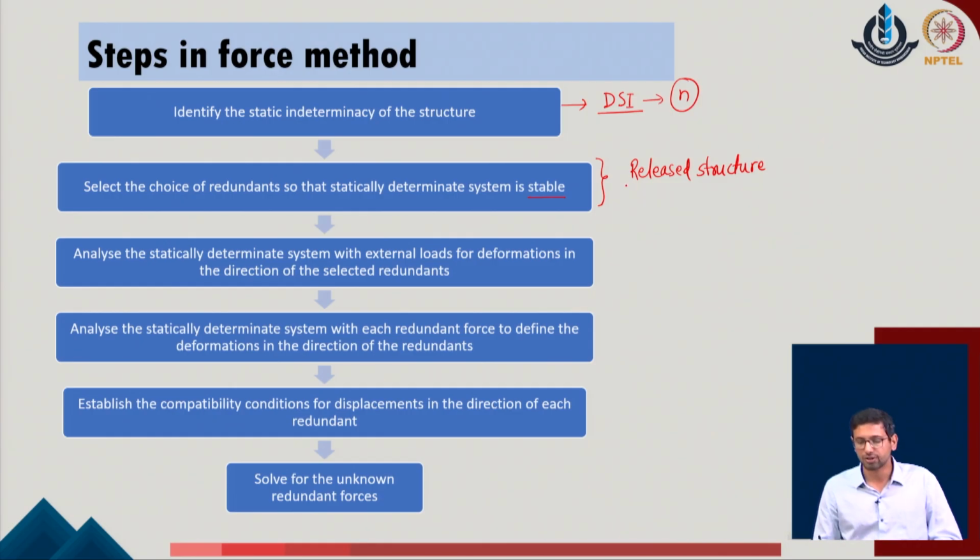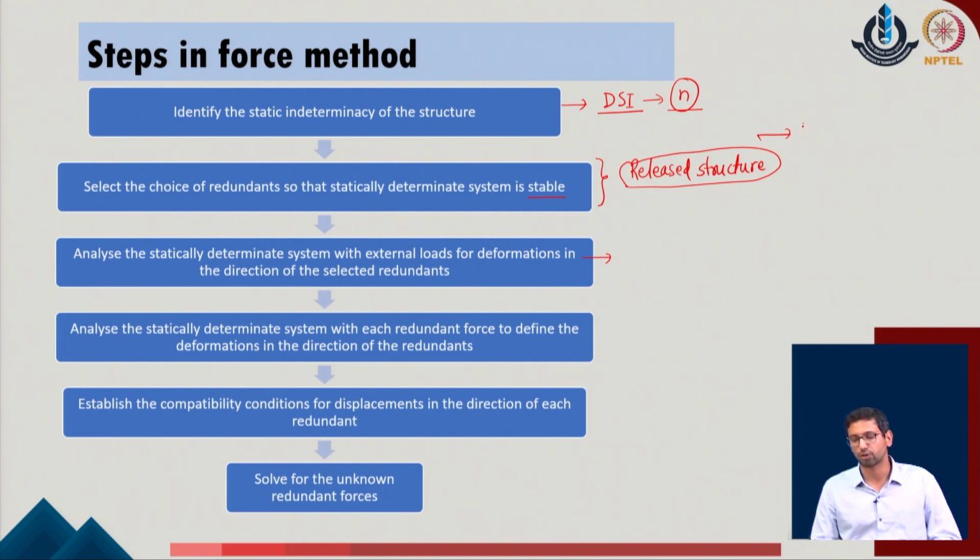Once we have got the release structure corresponding to the given set of original displacements which we want to generate, we evaluate the deformation in the direction of each of those redundants which have been removed from the given system. If the initial indeterminacy of the system is n, we have removed n forces or reactions of the given system.